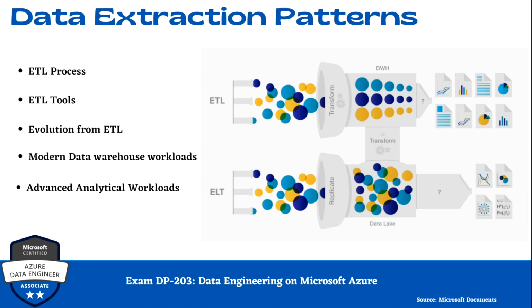There are two common types of data integration patterns that can be supported by Azure Data Factory. One is the modern data warehouse workloads, and the other is the advanced analytics workloads. A modern data warehouse is a centralized data store that provides descriptive analytics and decision support services across the whole enterprise using structured, unstructured, and streaming data sources.